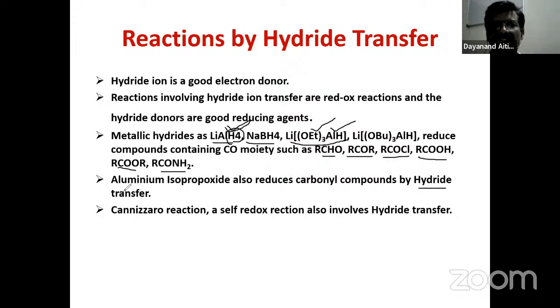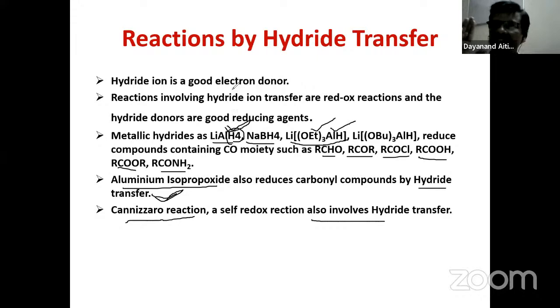We will come across this reaction in Oppenauer oxidation or Meerwein-Ponndorf-Verley reduction. Cannizzaro reaction is also there, where hydride transfer is the main important point. Self-redox reaction, Cannizzaro reaction.